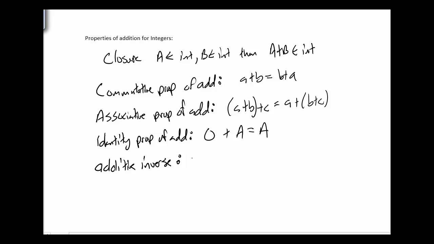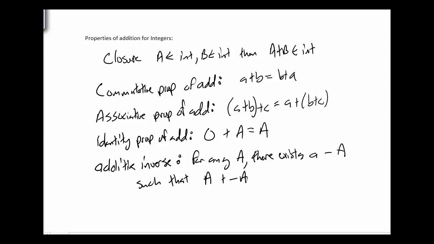So for any a, there exists a negative a, so the opposite of a, such that a plus negative a happens to equal 0.